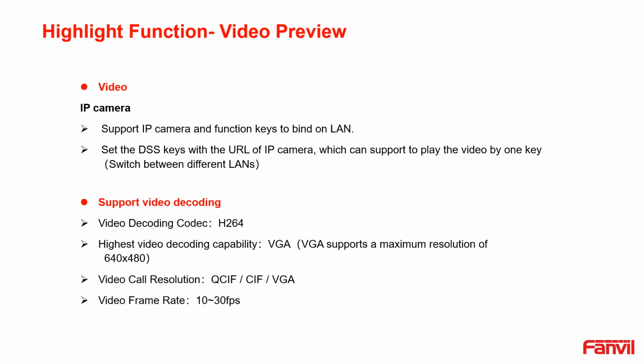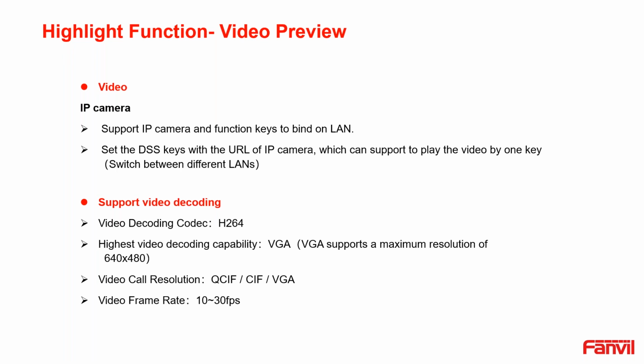And the second is the video decoding limitation of these new X series phones, because our X7, X7C, and X210 support video, but with limited video decode capability. So we do not support any camera or SIP video device making SIP video calls freely.